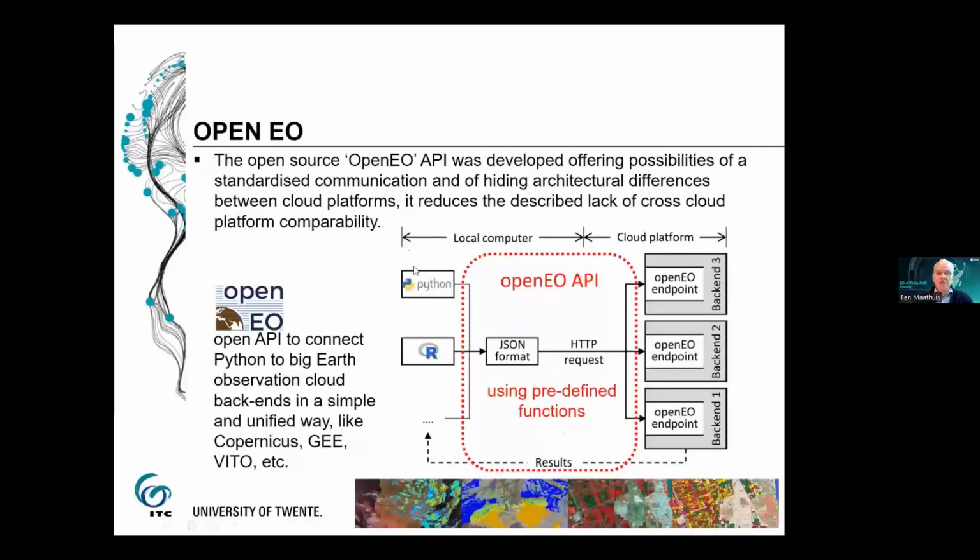So using your Python or R scripts, the request to get and communicate with the various backend providers is basically standardized and uses predefined functions in order to access the data, retrieve the data, or process the data at these various backends.